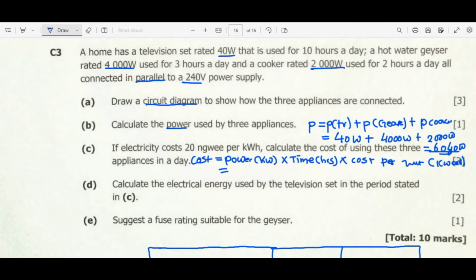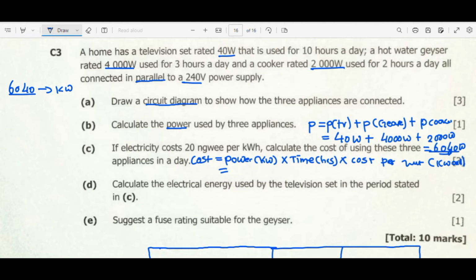So let's look at what we have here. From the data collected, we have 6040 watts as the total power. Then what are we supposed to do? I'm going to take this number and convert it into kilowatts.